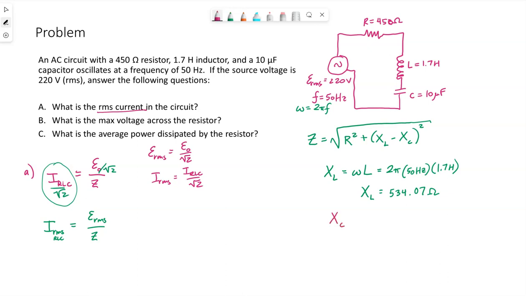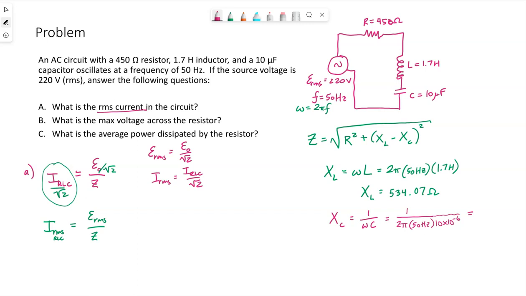XC, this is the one that's most commonly miscalculated. It's another reason why I suggest finding these separately so you can make sense of what you're getting for them individually. So here, 1 over omega C, where omega is 2 pi f. F is 50 hertz. C is 10 microfarads. I do want to put the 10 to the negative 6 in for micro.